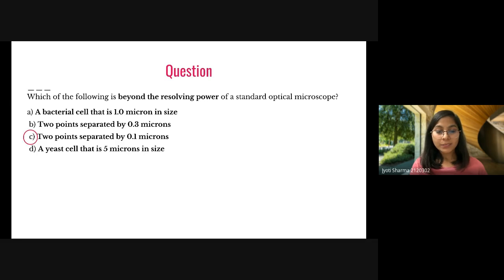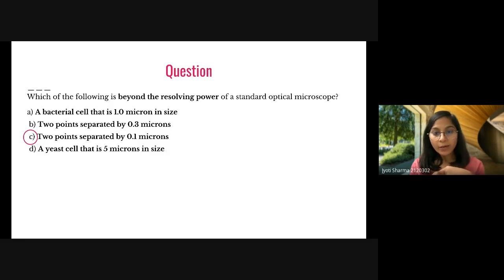So the answer is 2 points separated by 0.1 micron. If we want to resolve the distance between 2 points and that distance is 0.1 micron, then this is beyond the capacity of the optical microscope.